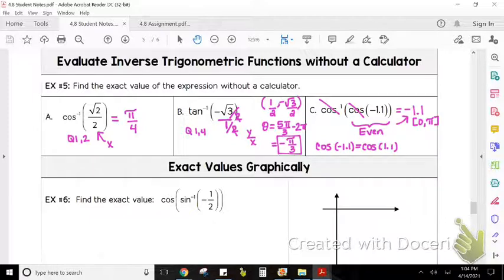And so if they're equal, then I can interchange them, can't I? So because this is even, I'm going to rewrite this to be the inverse cosine of cosine of positive 1.1. Now let's check. If those cancel, we'll get 1.1. And is that between 0 and pi?